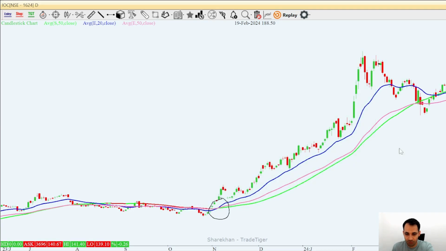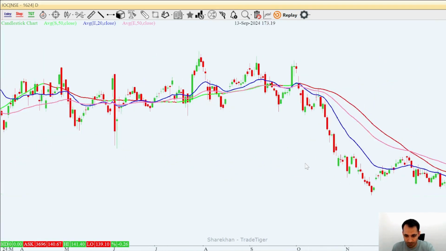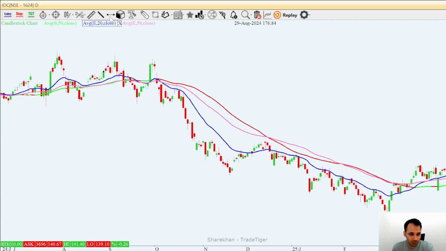So now we'll see the other way around, the death crossover. A death crossover is when the EMA20 crosses below the EMA50, or a lower time frame moving average crosses below the higher time frame moving average, and it is a bearish pattern or a bearish signal.